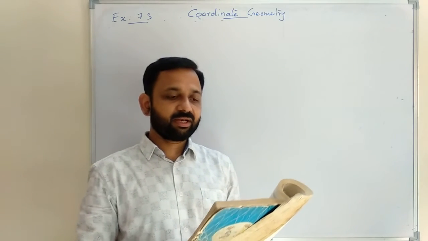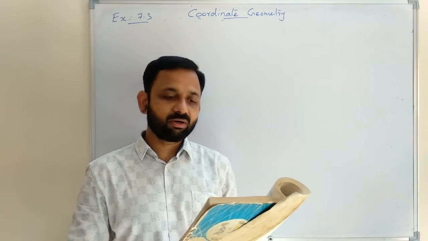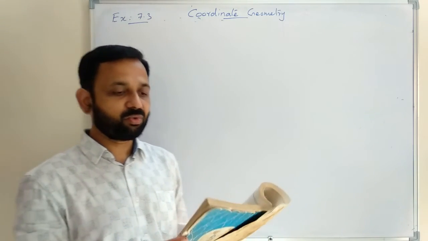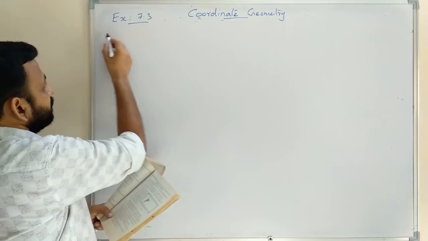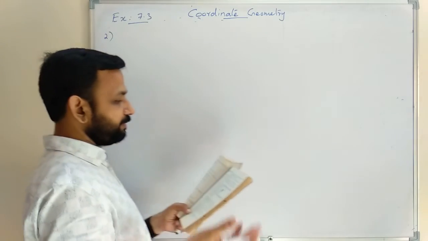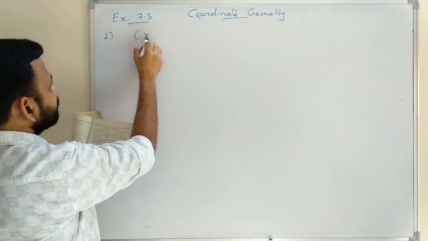Find a relation between x and y if the points (x, y), (1, 2) and (7, 0) are collinear. Second question, we need to find the relation between x and y if these 3 points are collinear.